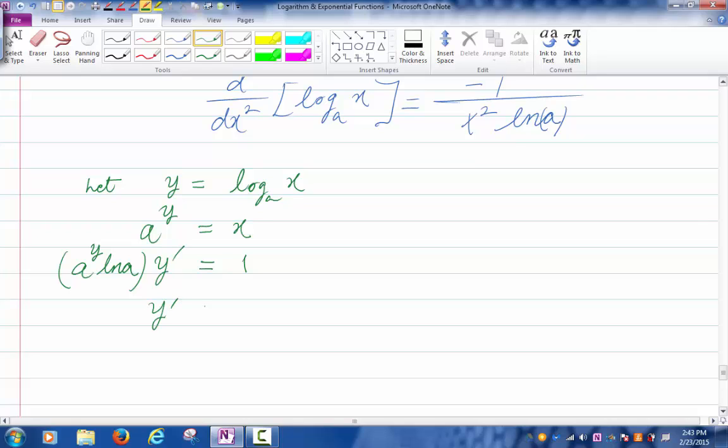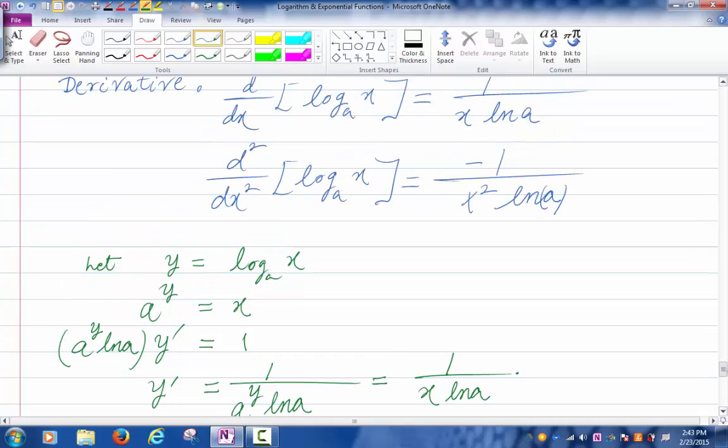So y prime is 1 over a to the y ln of a, but a to the y is x, so I get x ln of a. And that's exactly the formula that I gave you, right? The derivative of log base a of x is 1 over x ln of a. Everybody's okay?